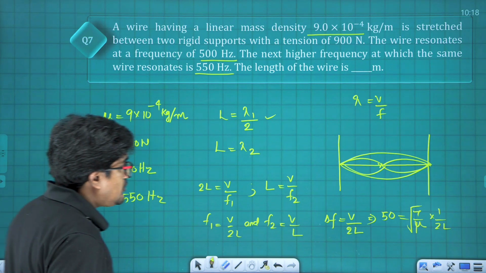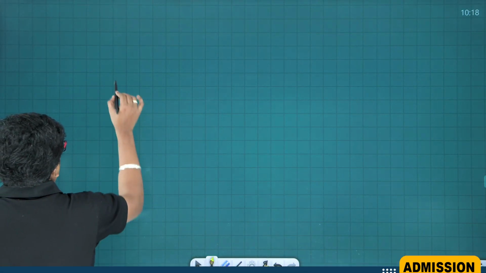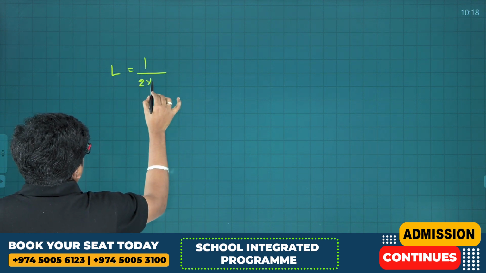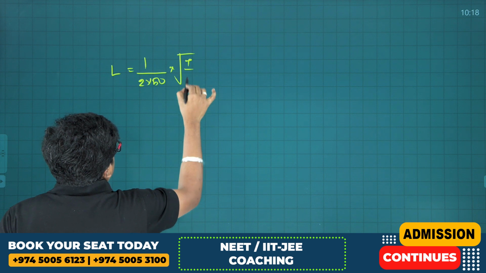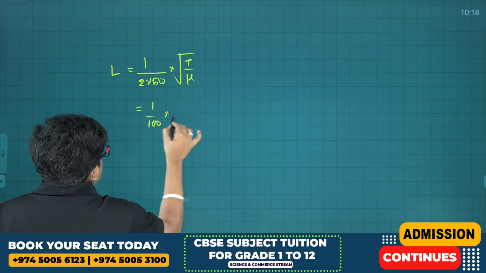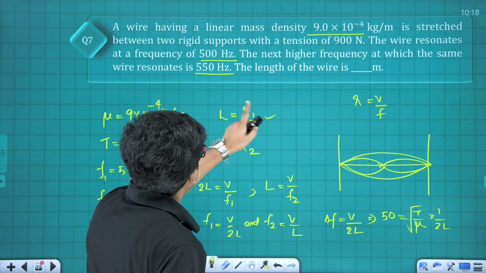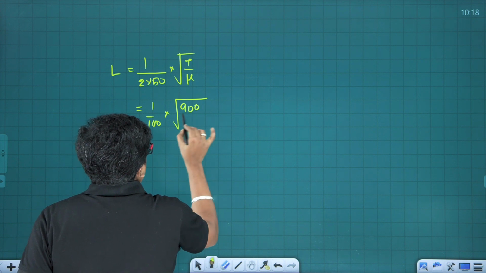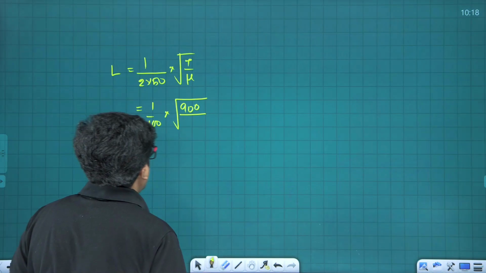So for the calculation, moving to the next slide, capital L equals 1 upon 2 into 50 into square root of T by mu, that is 1 by 100 into square root of T over mu. Capital T was 900, and mu is 9 into 10 to the power minus 4.